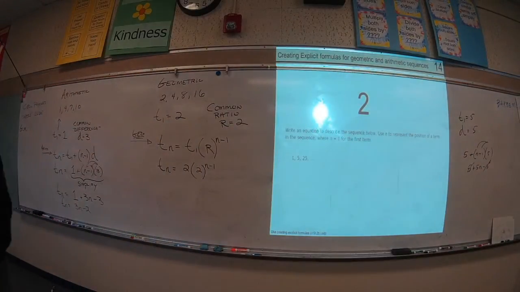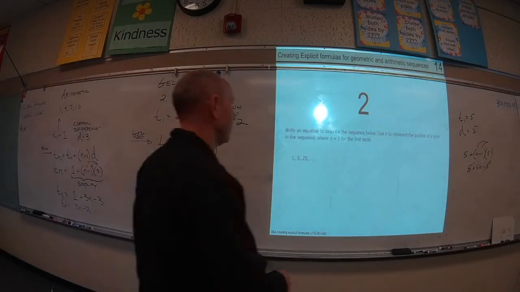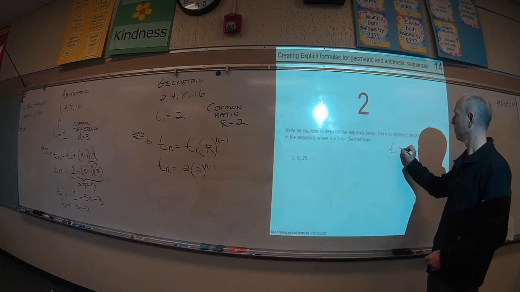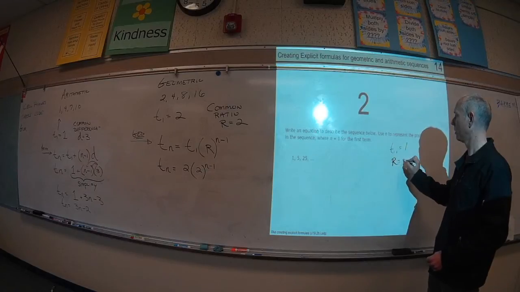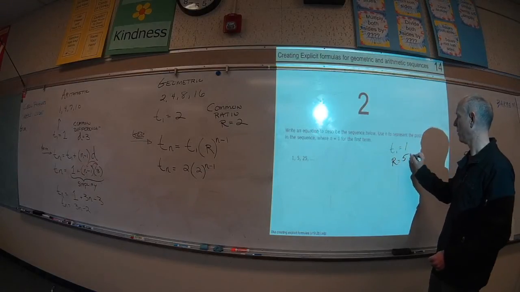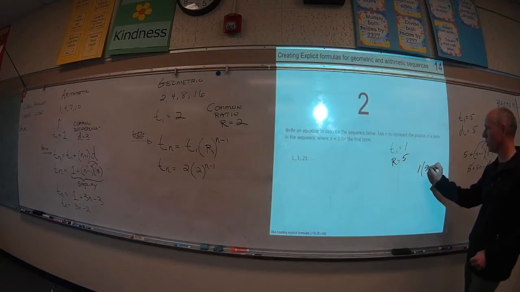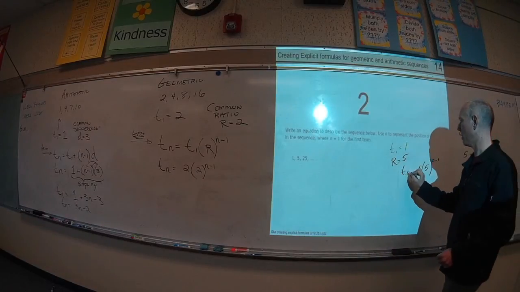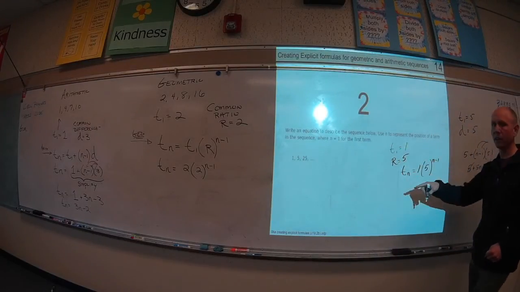Good. First term, ratio, n minus 1. That's it. N minus 1. Don't put a number in there. The n is the variable. Nico, what's the value of the first term? Good. And what's the value of the ratio? 5. So first term, ratio, n minus 1. So t sub n. I plug in n's, I get out t sub n's.